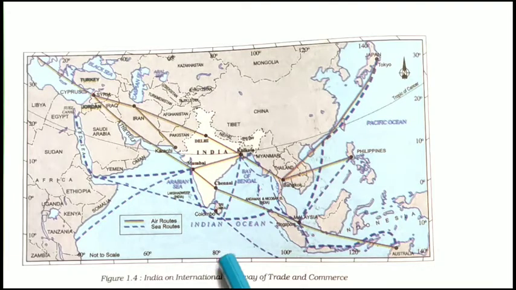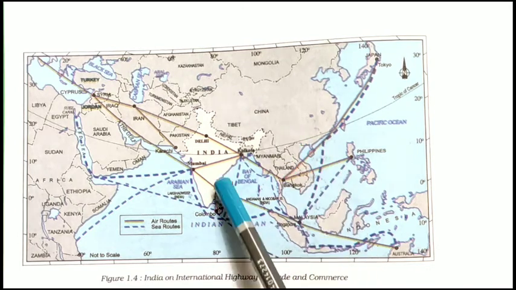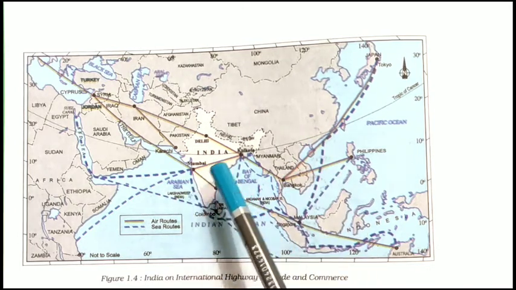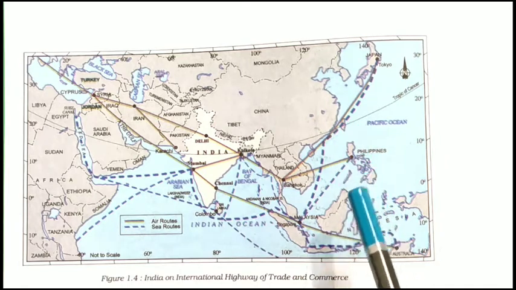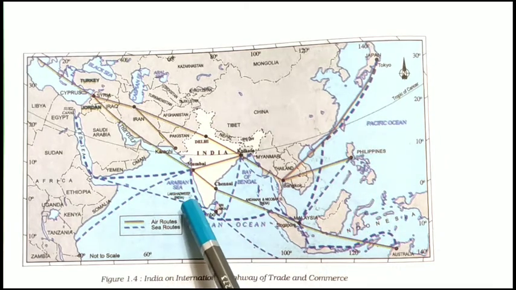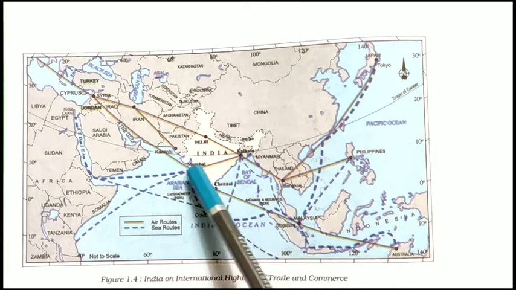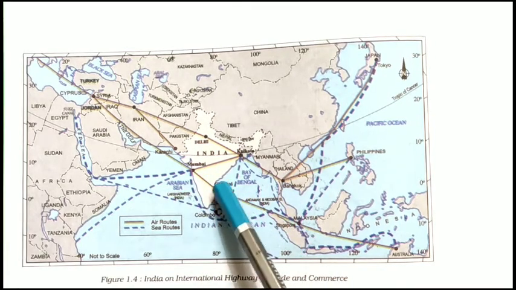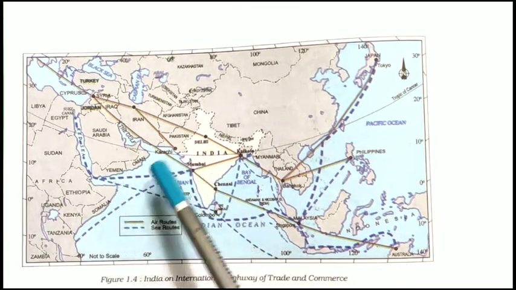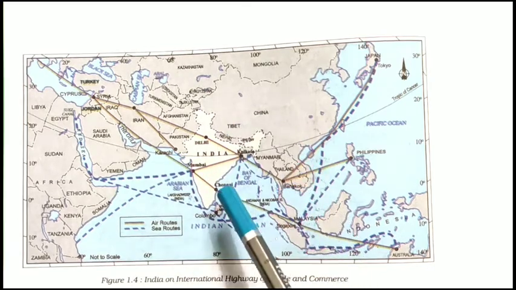Here in this figure, you can see that the Indian landmass has a central location between East and West Asia. India is also the southward extension of the Asian continent, and it connects with different countries through the sea route or the land route.